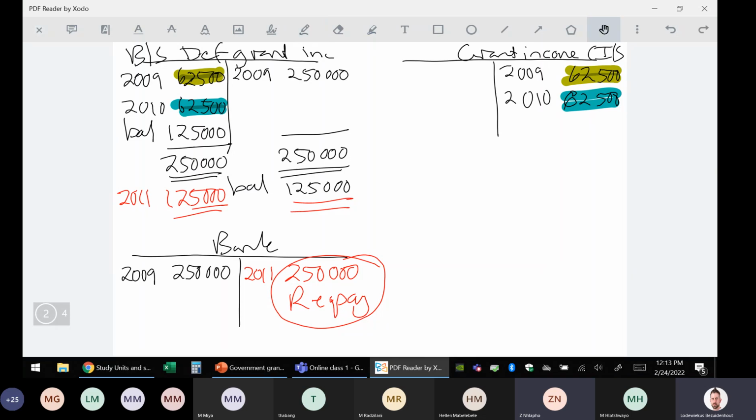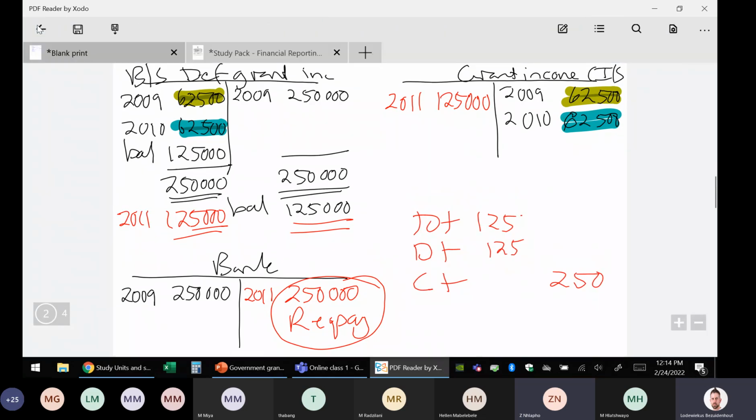And then the balance will go to the income statement, 125, either as grant expense or we just offset it against grant income, but it will show as a grant expense because that is the only thing that is there. So you've got a debit of 125, debit of 125, and a credit of 250. So our debits and our credits are equal.